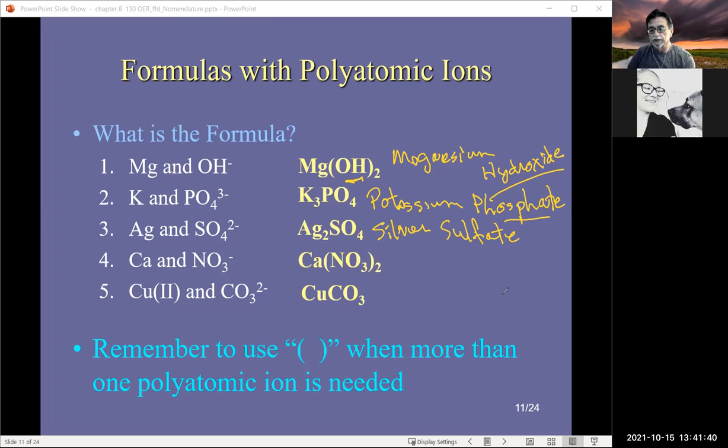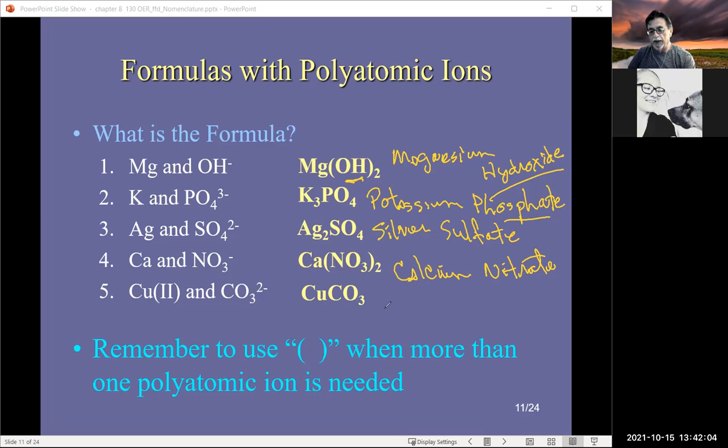Okay. It is not sulfur tetraoxide. Sulfate. Then here we got calcium nitrate. Again, it is not nitrogen trioxide. Okay, it's nitrate. It is a polyatomic ion name.